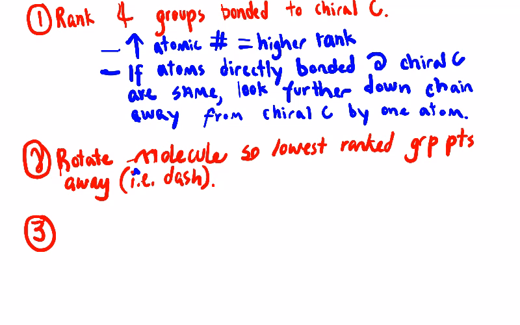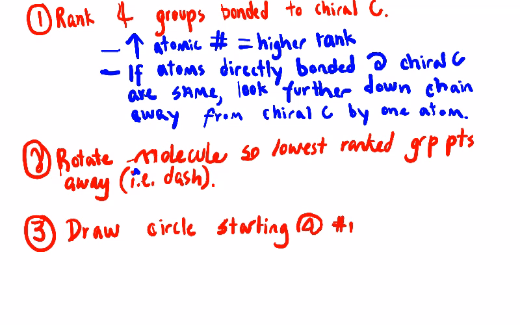So looking at it, we're going to draw a circle starting at the highest ranked group, so basically starting at what we're referring to as group 1, and going then secondly to group 2 and then thirdly to group 3.